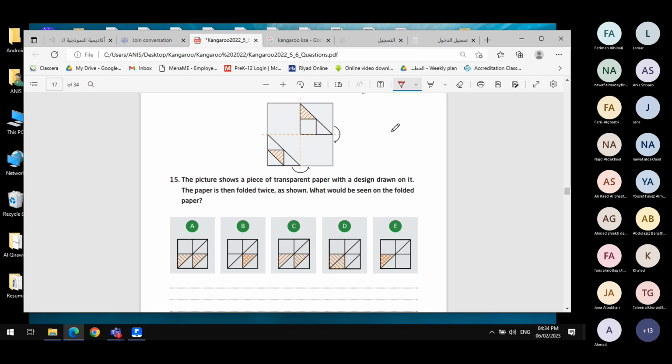I think it's B. Okay, so it's not guessing directly. And by the way, it's not going to be B because if this one is switched and this one is switched, they are not going to be congruent.